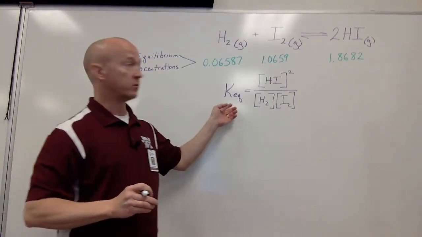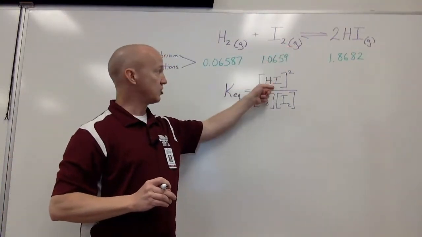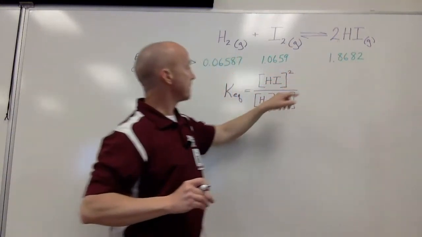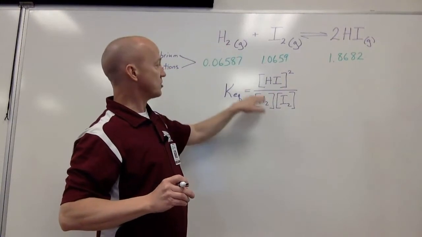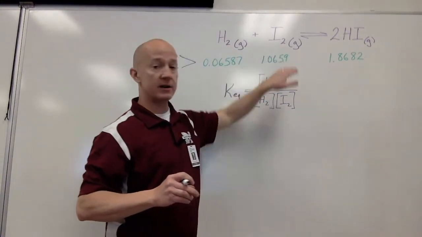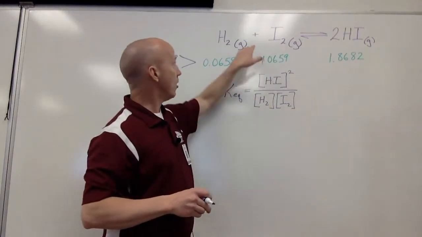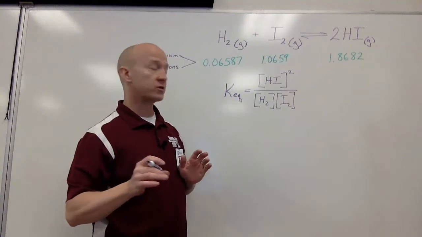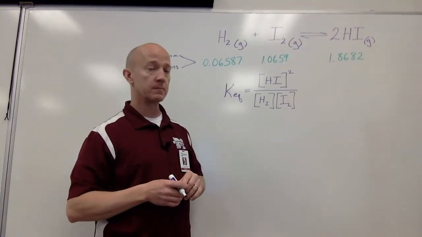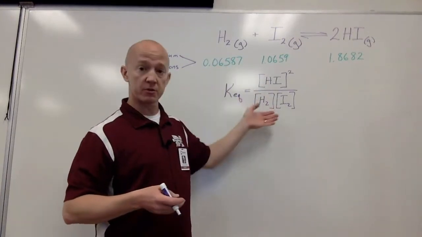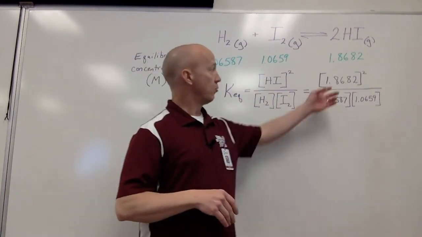KEQ is equal to my product, HI to the second power, over the concentration of hydrogen to the first power times the concentration of iodine to the first power. All of these are gases, so all of them will count towards our final KEQ value. So now all we have to do is fill in the numbers. So now I've done that.